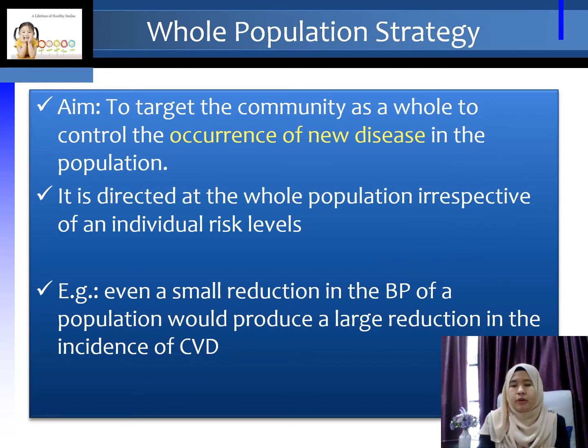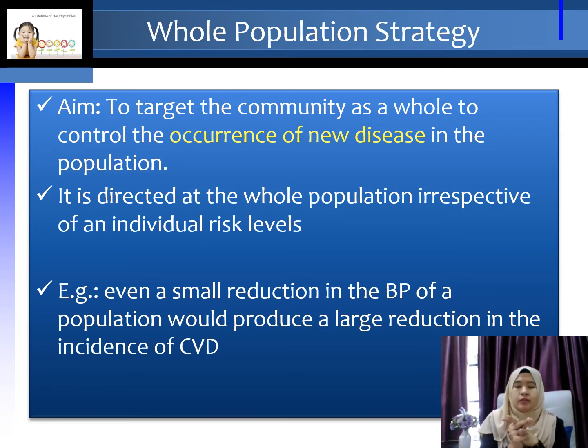The aim of this strategy is to target the whole community, to control the occurrence of new disease in the population. For this approach, we do not go to individuals. We go to the community as a whole.